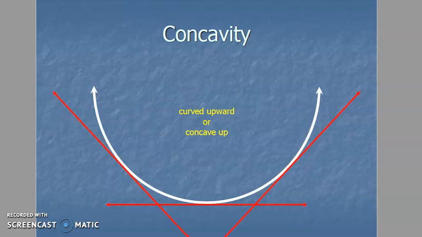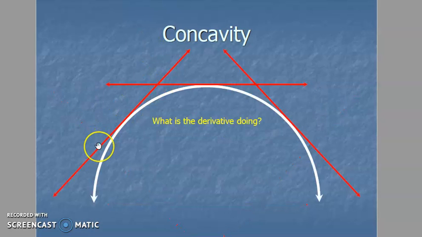When you take the tangents to a concave up curve, the tangents will lie below the curve and the slopes will be increasing. Similarly, for a concave down graph, the tangents will lie above the curve and the slopes will be decreasing. This is the idea of concave up and concave down.